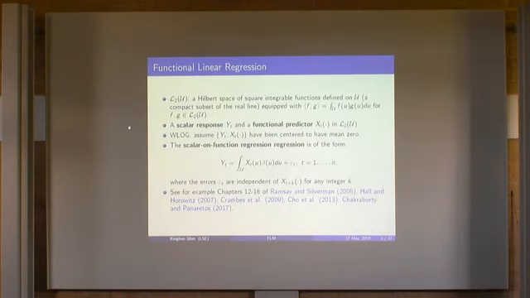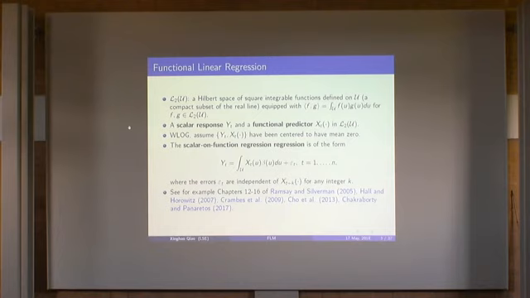So this is the basic introduction to functional linear regression. Here we consider the most simple functional linear regression. Suppose that the response variable is a scalar variable, and the predictor is functional. So we call this the scalar-on-function regression model. Maybe I have a typo.